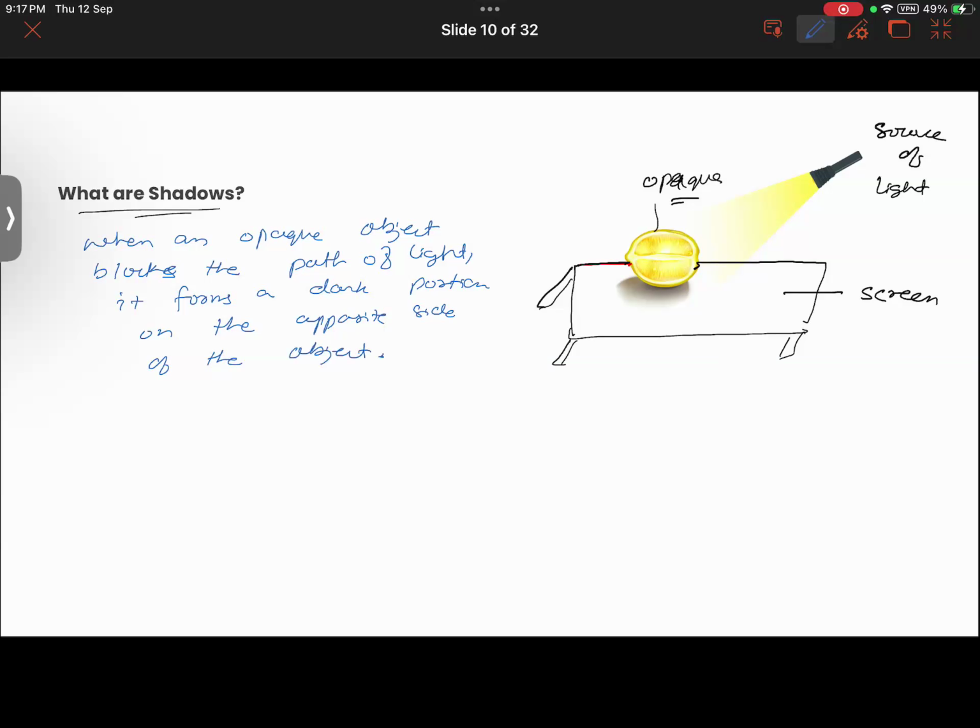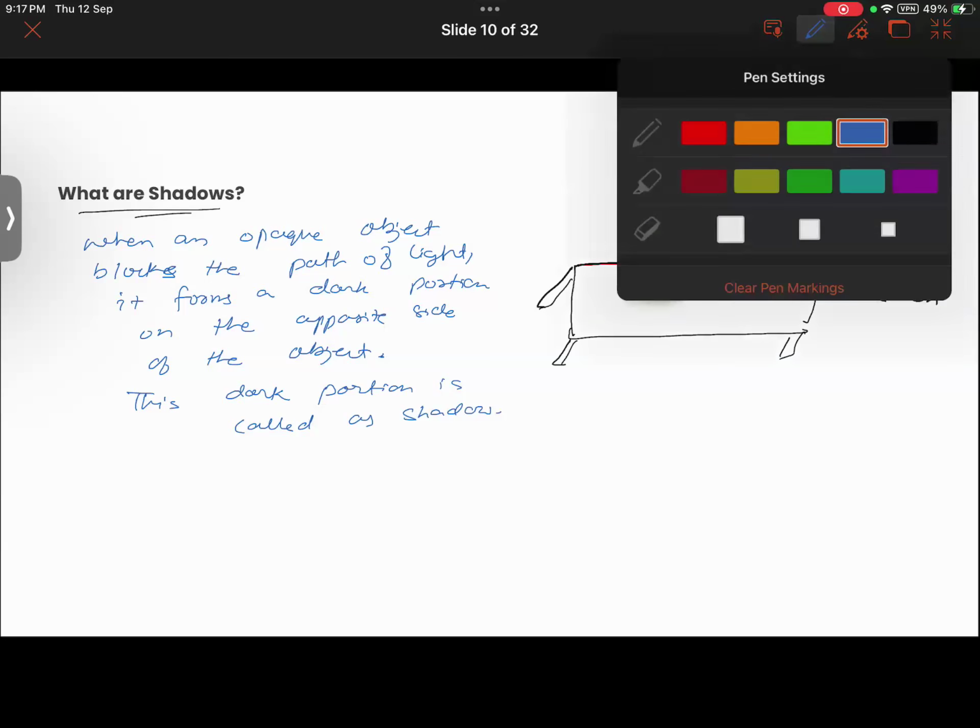This dark portion is known as the shadow. Exactly. Okay. Now let's understand the properties of the shadow.